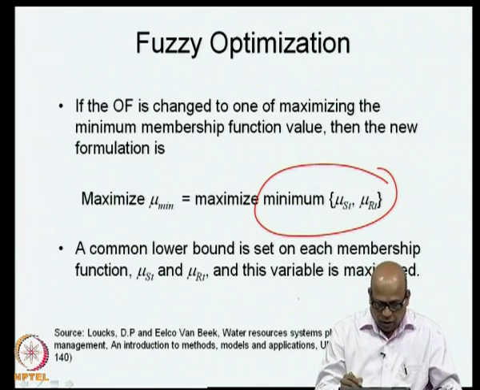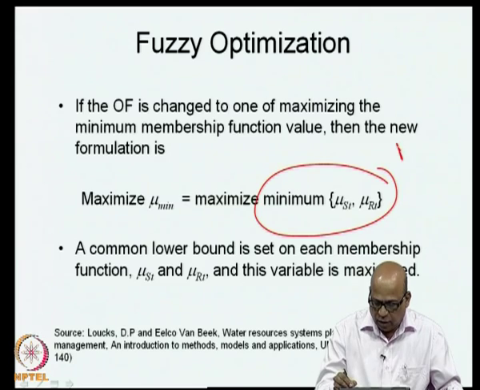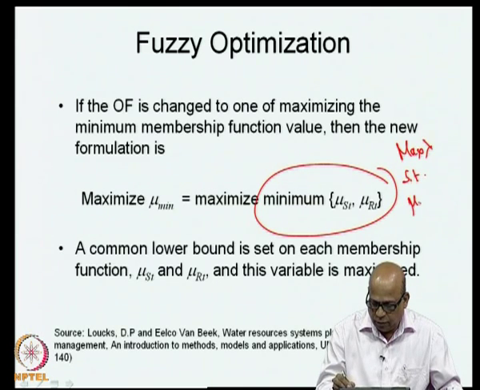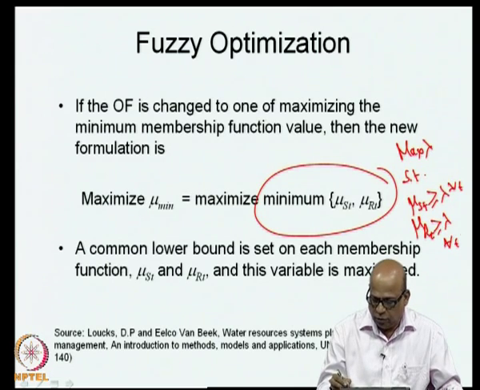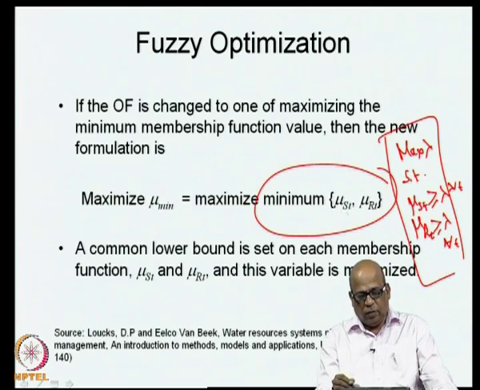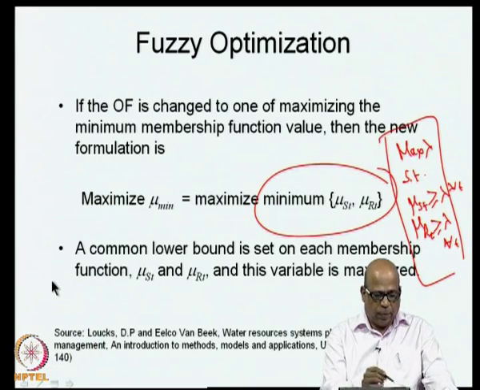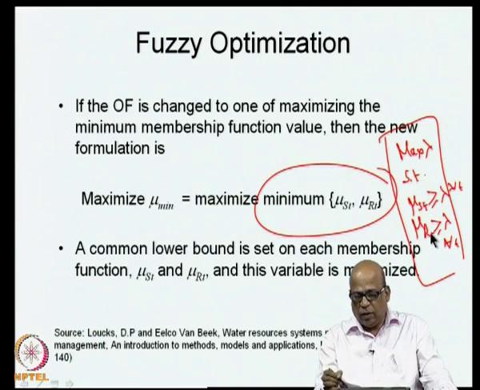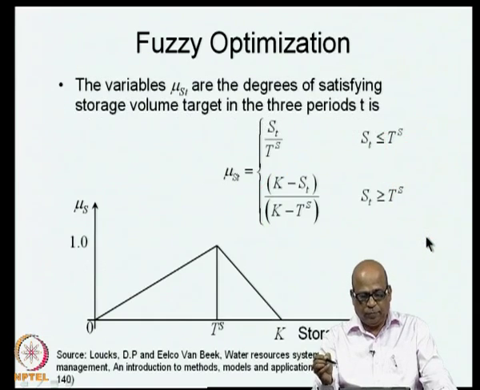So, typically we write this as maximize lambda, subject to mu St greater than or equal to lambda for all t, and mu Rt greater than or equal to lambda for all t. So, this is the problem now. If you know the membership functions, you solve this problem using this particular objective function and these as constraints, you will obtain the value of lambda as well as St as well as Rt.